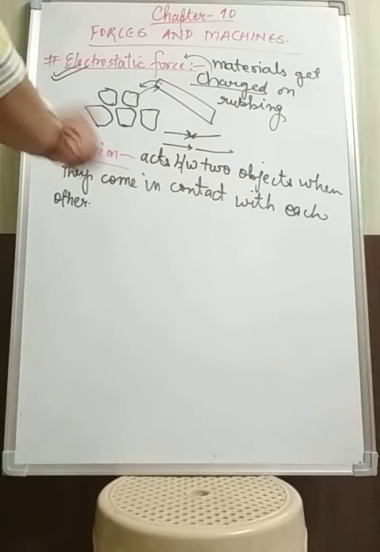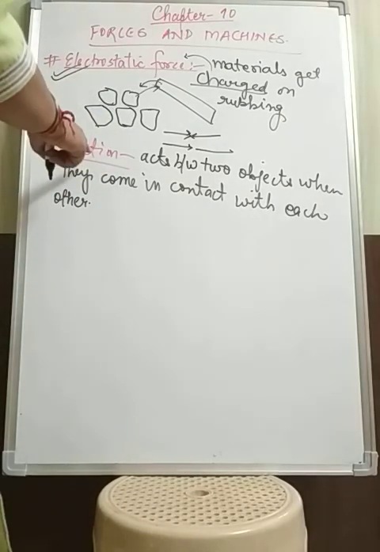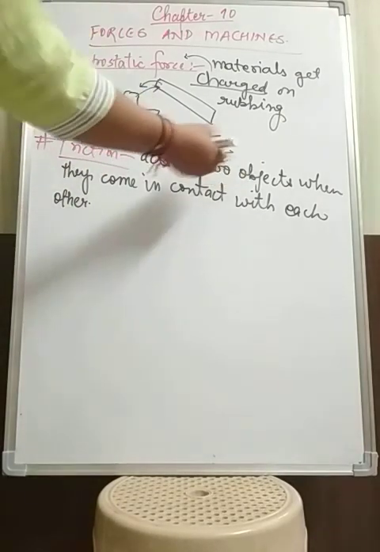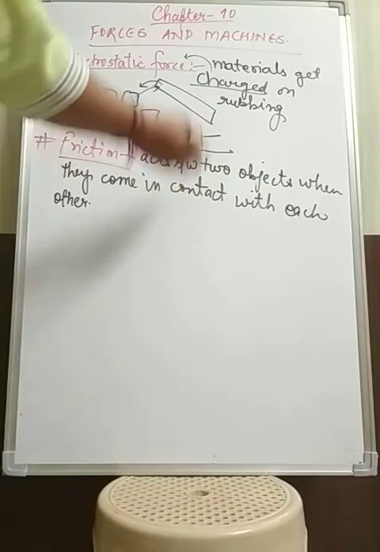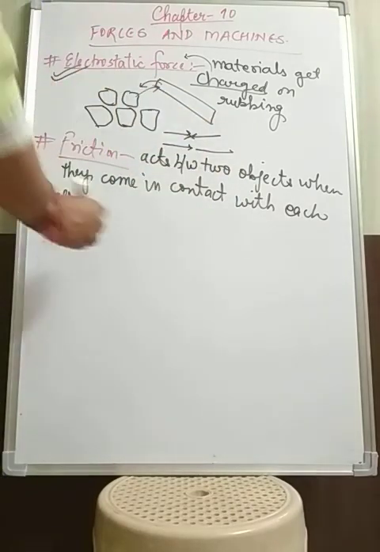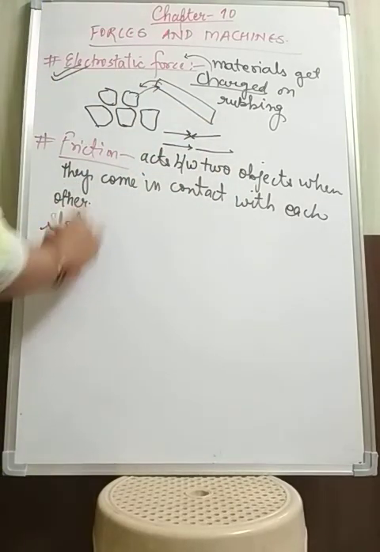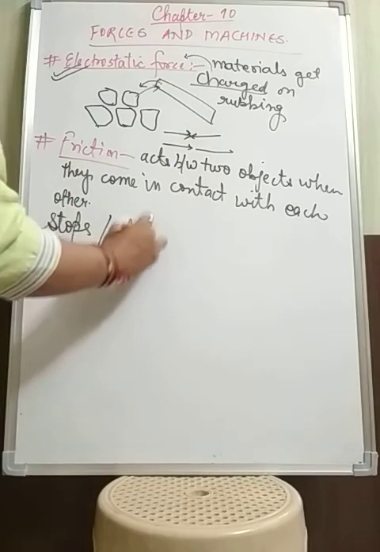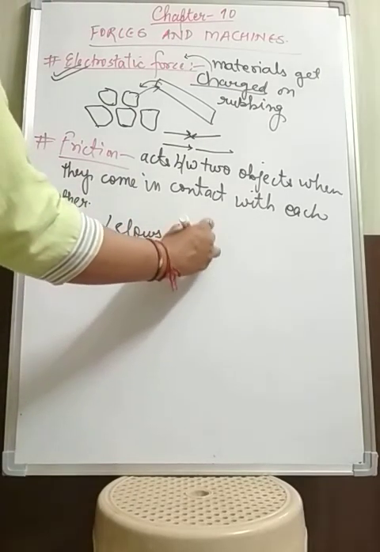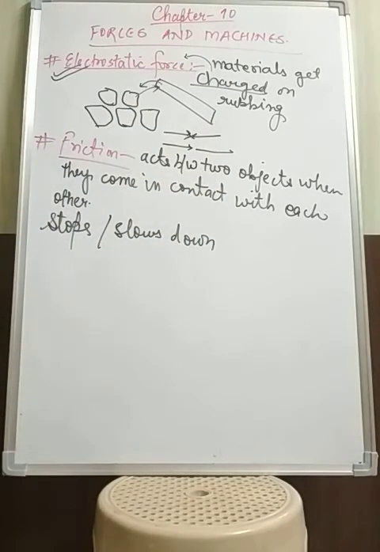Now, what happens when the force of friction acts between two objects? Friction mainly stops or slows down the speed of the moving object.